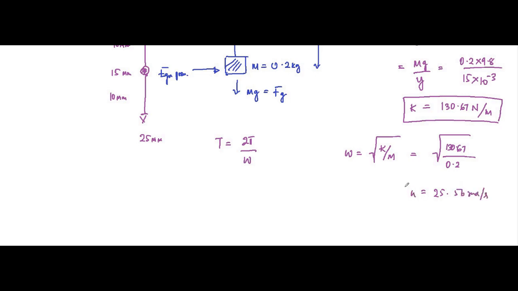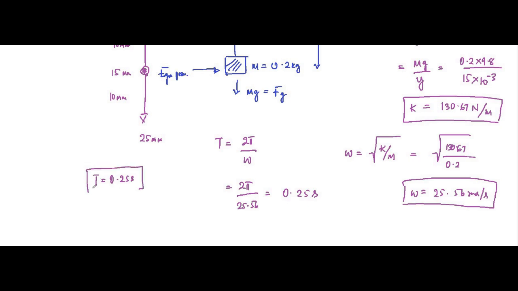That is the angular frequency. So the time period is 2 pi by 25.56. Rounding it off, it is coming around 0.25 seconds. That is the time period.